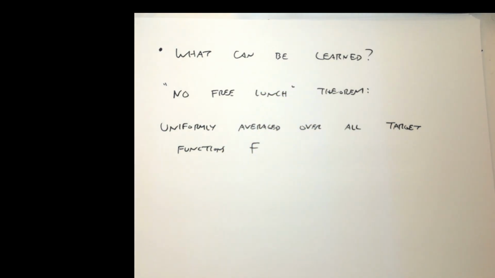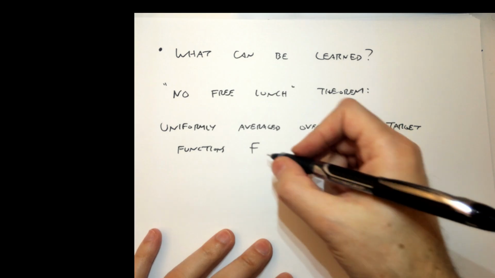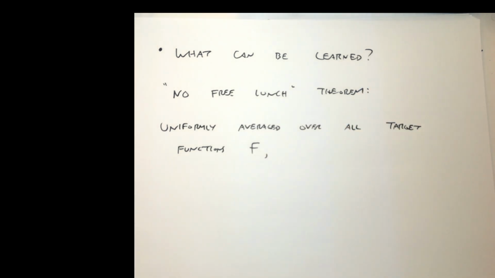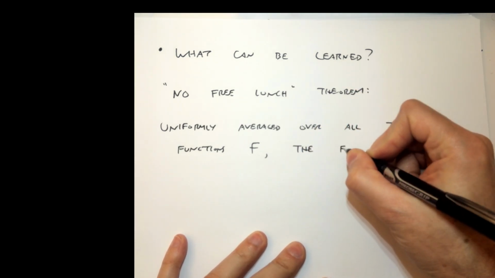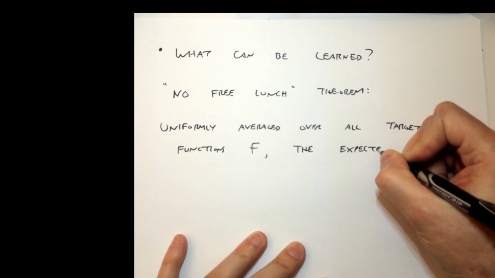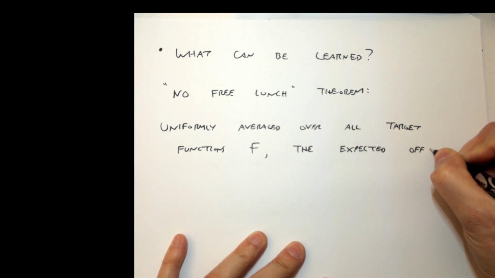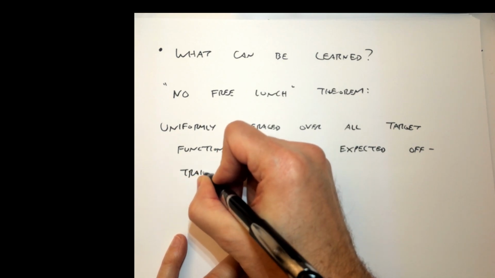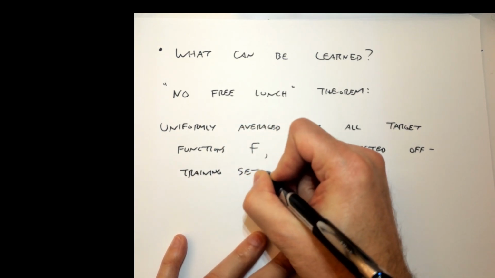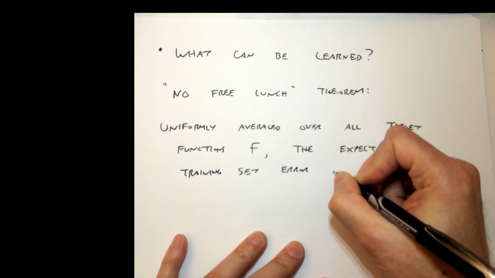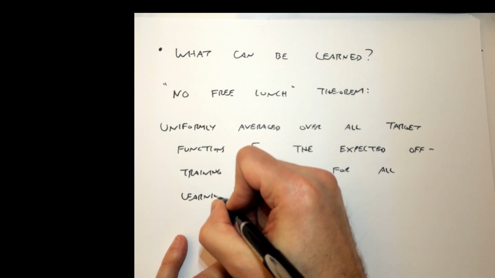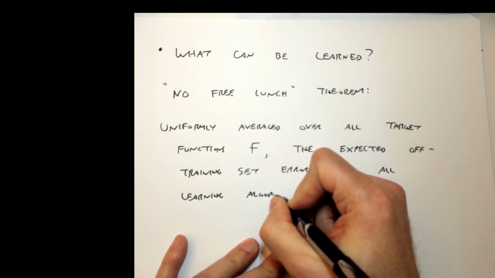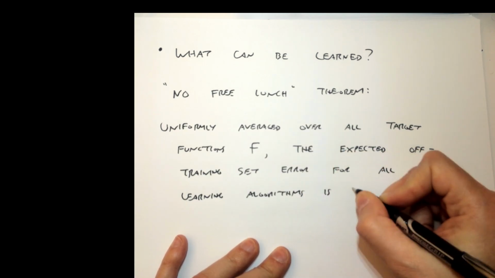Maybe this f is all the possible ways in which a set of points could be classified, right? So uniformly averaged over all the possible problems that I could solve, the expected off-training set error for all learning algorithms is the same.